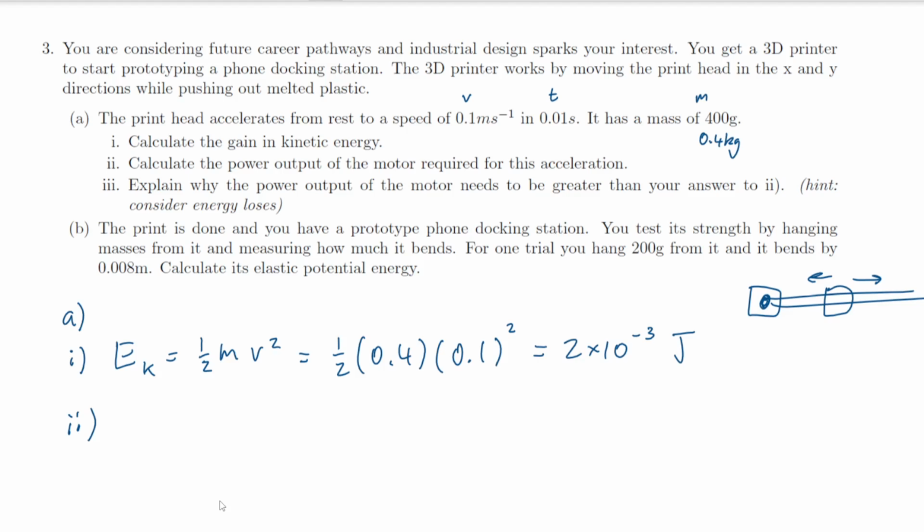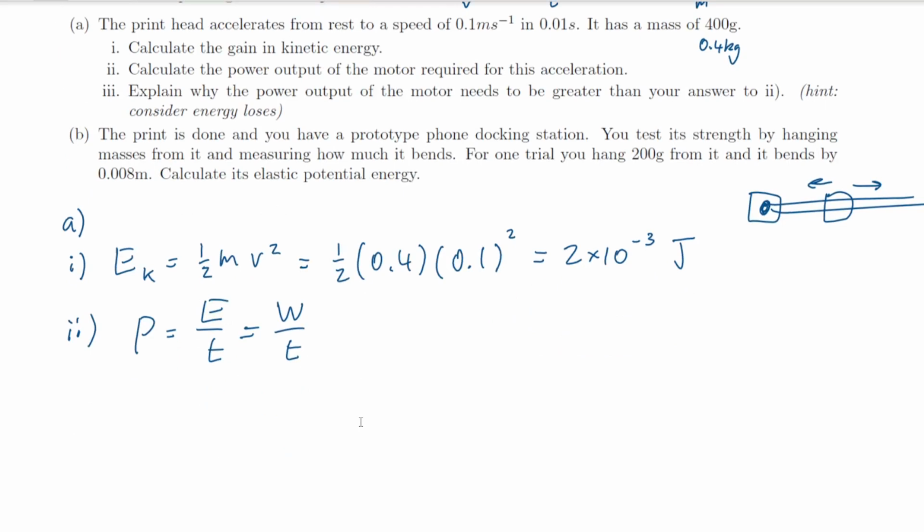So looking at our formula sheet for inspiration, we recall that power is energy over time, or work over time, where work is just how much energy you transferred, right? So in this case, the printer head gained kinetic energy, so that would be its work done.